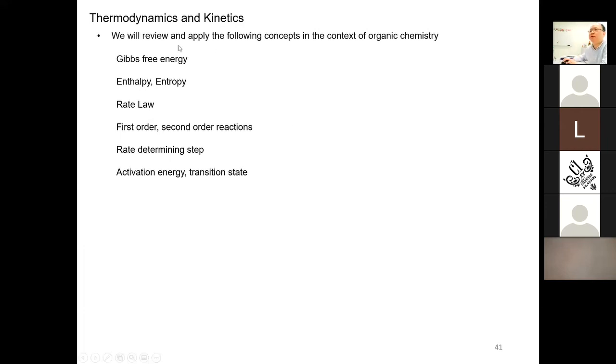You should have already learned all these concepts: for example, Gibbs free energy, enthalpy, entropy, rate law, first order, second order, rate order, right? And then the rate determining step, usually abbreviated RDS. Activation energy and transition state are more related to organic compounds, and we are going to show you those here.